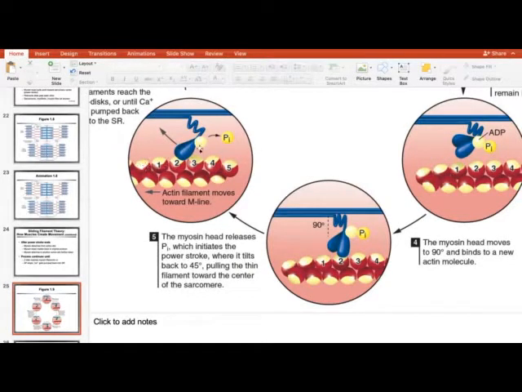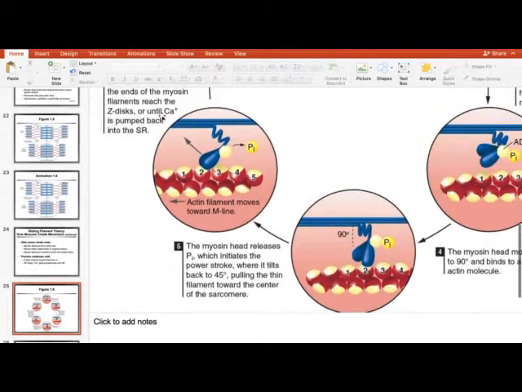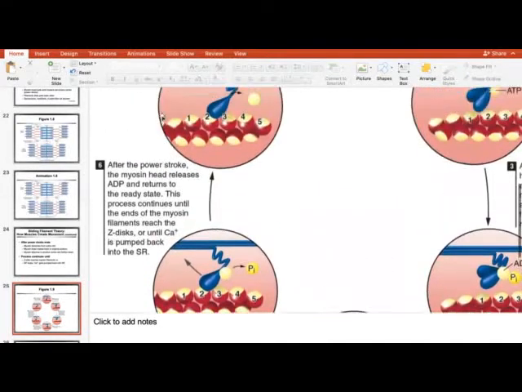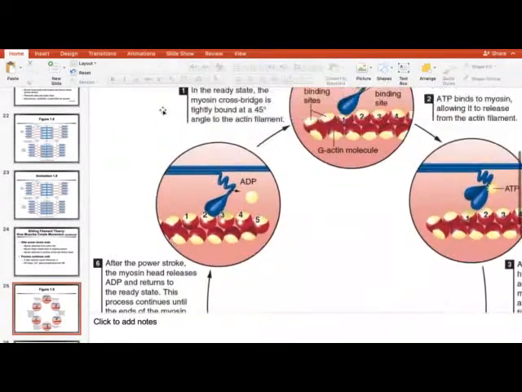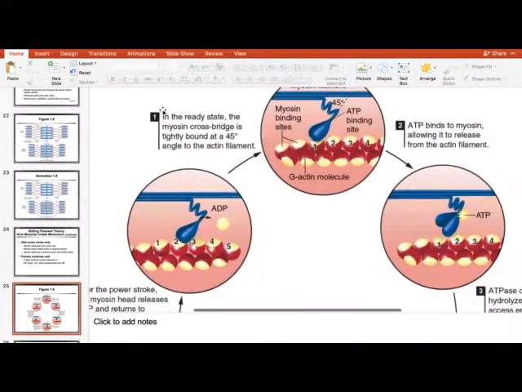And then more ATP, another detachment, and the myosin head will attach to 4, and then to 5, until it reaches the end of the Z disc. And when it does, there's no more opportunity for the actin filament to move. The muscle is at complete contraction, and then the contraction is going to end. All right, so that's pretty much how a muscle is going to contract, at least according to the sliding filament theory.